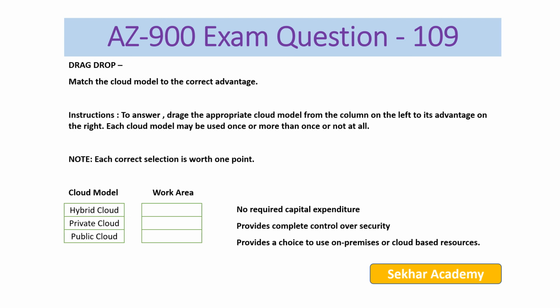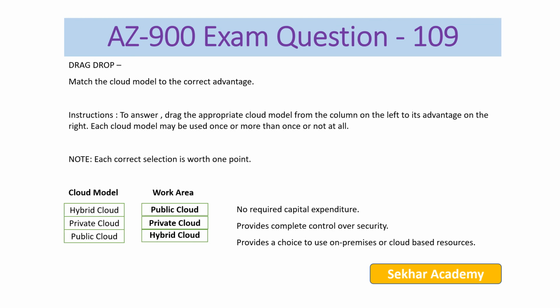So the right answers in the work area: public cloud for no required capital expenditure, because it's maintained by the cloud provider. Next, private cloud provides complete control over security.